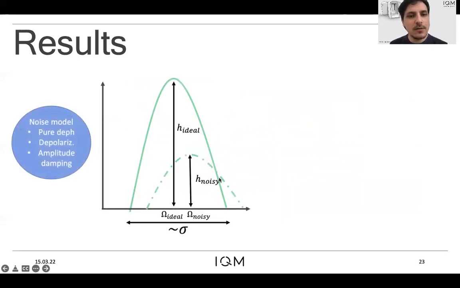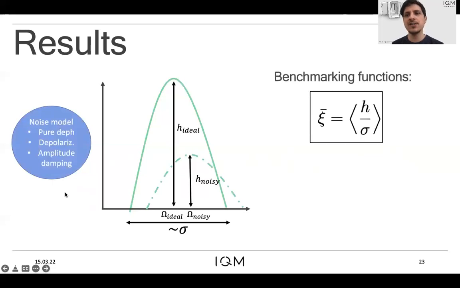The solid line will be the behavior that we can find in nature, while the dotted line is the simulation result we obtain from a noisy quantum computer. They have different parameters, and we want to study how the performance will be in the co-design chip against the square grid. So we will study two benchmarking functions mainly.